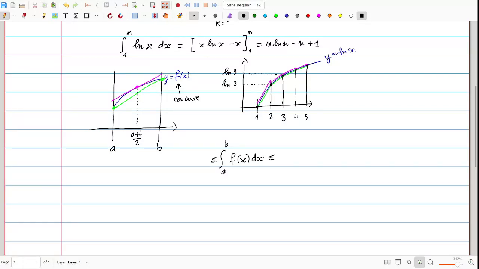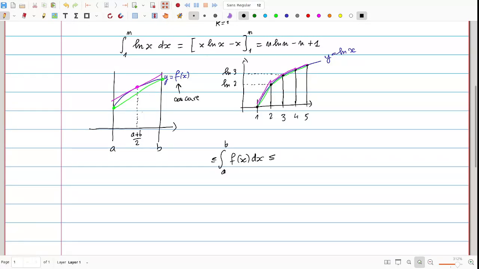So from below we get the integral of the green linear function, and this integral is equal to what?